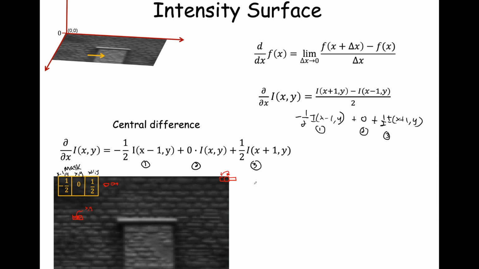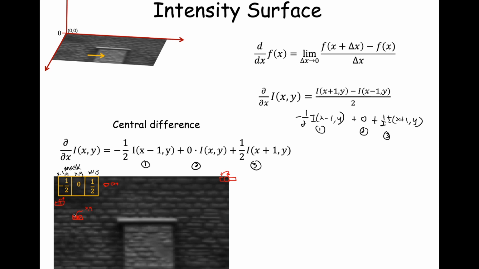And the process of taking your mask, superimposing it over a region of the image, computing that central difference or derivative, and then sliding it 1 pixel to the right, is called convolution. And hence, this is called a convolution mask. And actually, MATLAB has standard operators in the computer vision toolbox for doing convolution in 1 dimension or in 2 dimensions on an image.